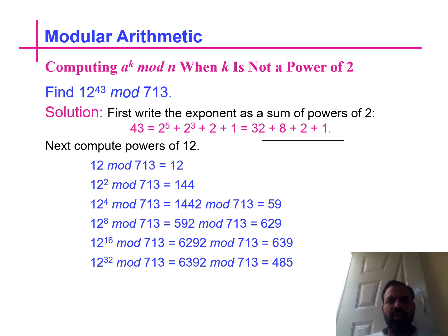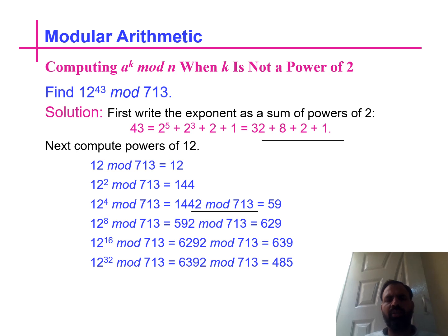So next we compute the powers of 12. 12 mod 713 is 12. 12^2 mod 713 is 144. 12^4 mod 713 is 144^2 mod 713, which is equal to 59.